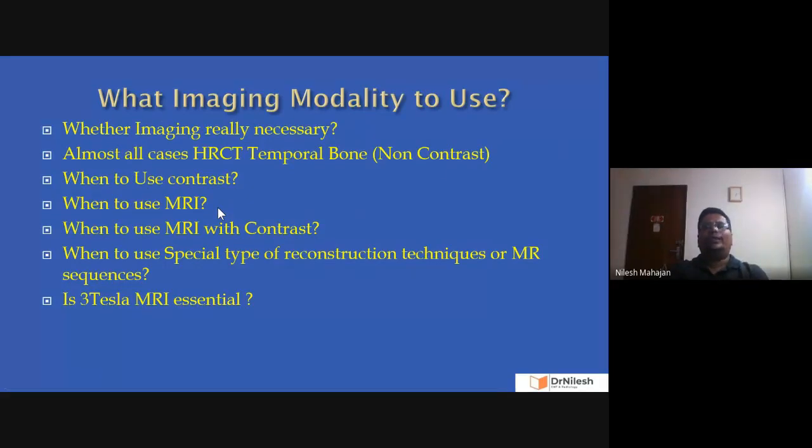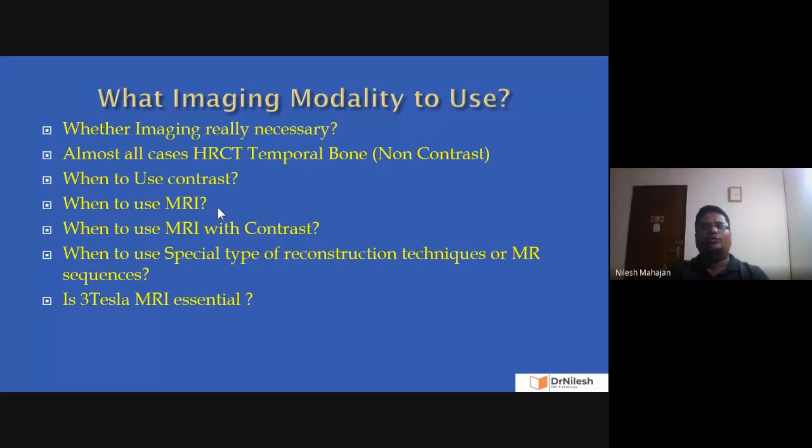So whenever some case comes to us, we have to decide what imaging modality to use for that particular case, because it varies from person to person and pathology to pathology. So the first question that comes to mind is whether imaging is really necessary. Second, in almost all cases we do HRCT temporal bone, then when to use contrast.